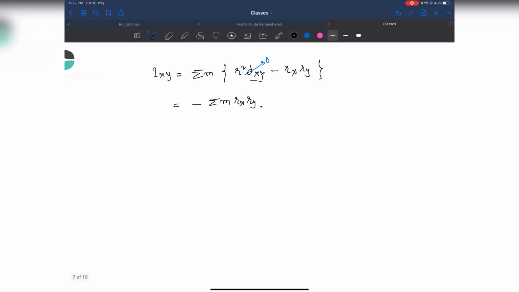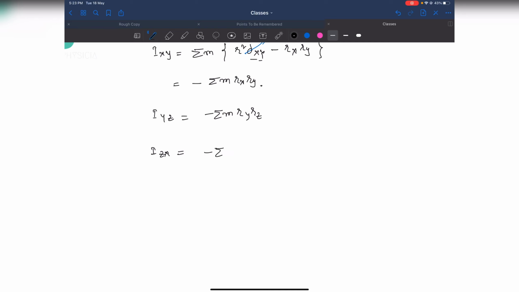Now similarly I can write it for yz and zx, so there will be summation of m r_y r_z minus summation of m r_z r_x.